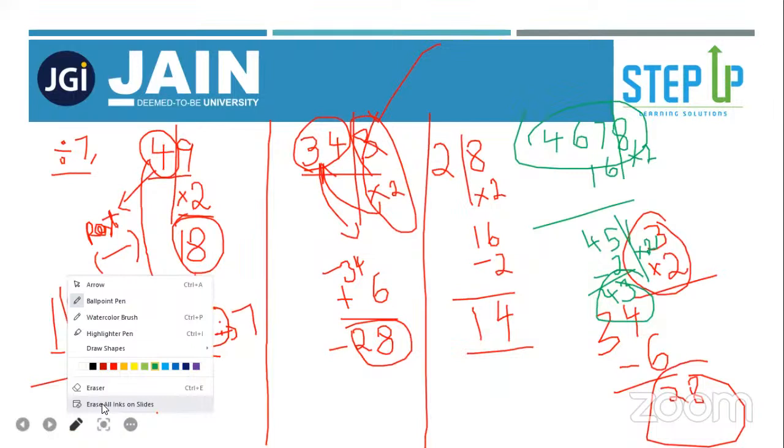Divisibility rule. To find which number would divide them and what. So this topic right now is divisibility of 7. It's about the divisibility rule.